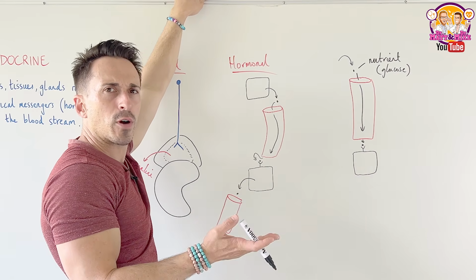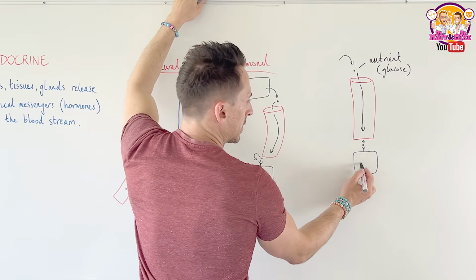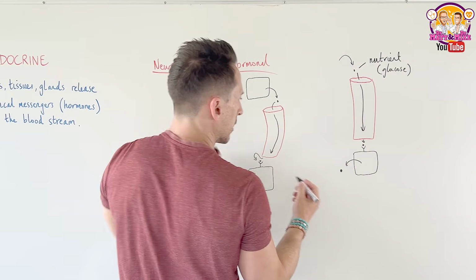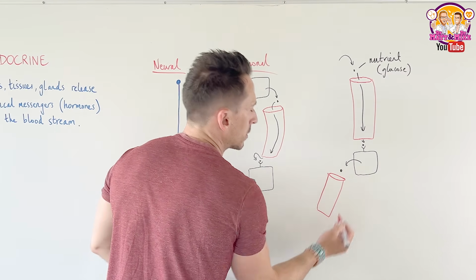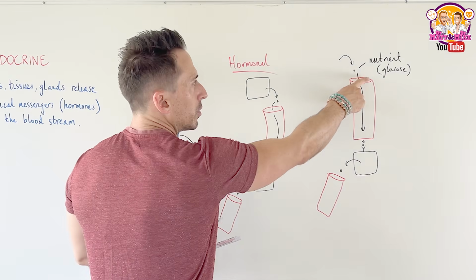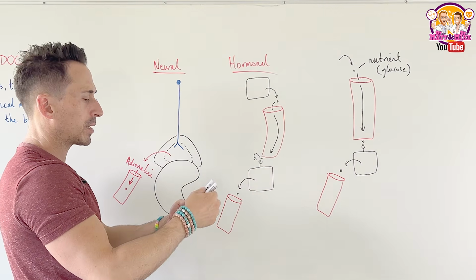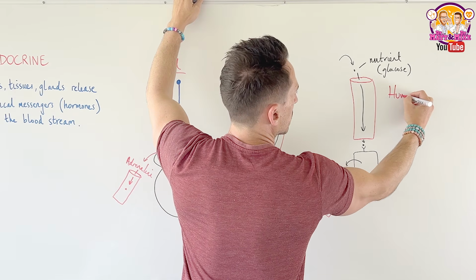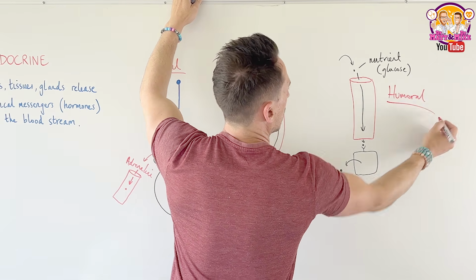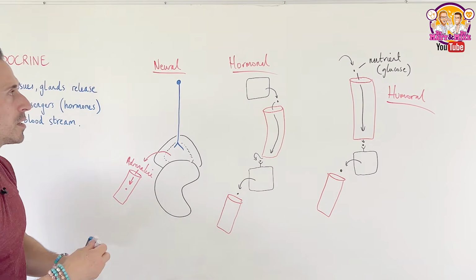The pancreas, right? Beta cells within the pancreas, and it tells it to release insulin. And then that insulin is going to jump into the bloodstream. So that's not a hormone, that's a nutrient. And so we call this a humoral stimulus. So these are the three different types of stimuli.